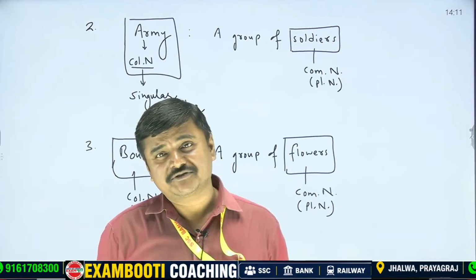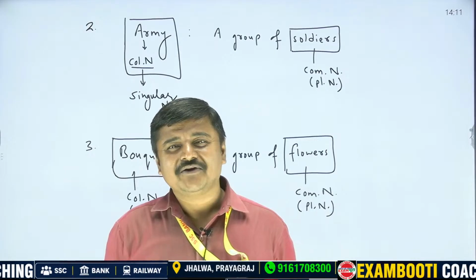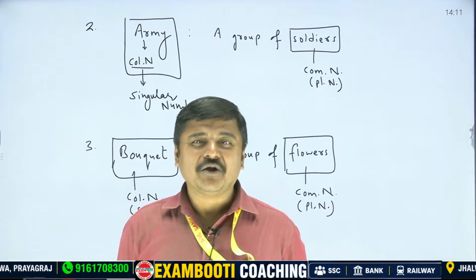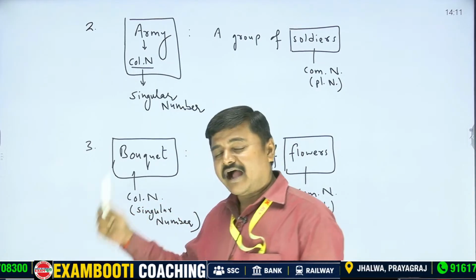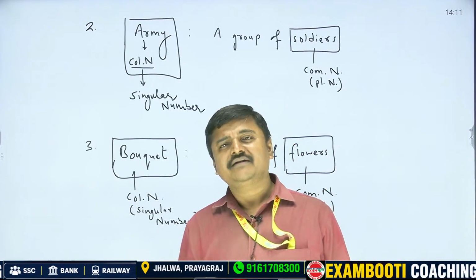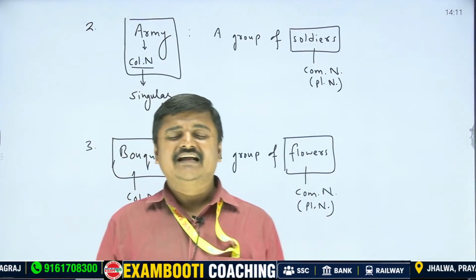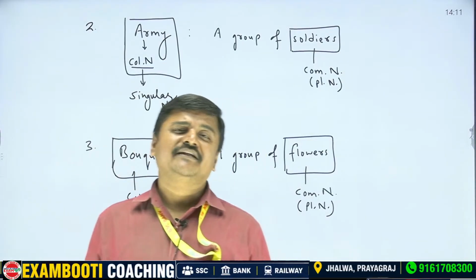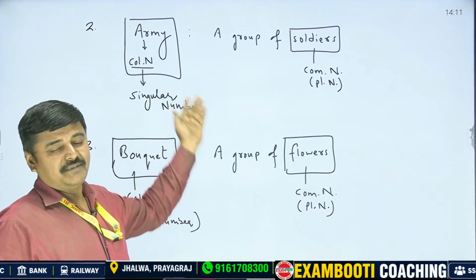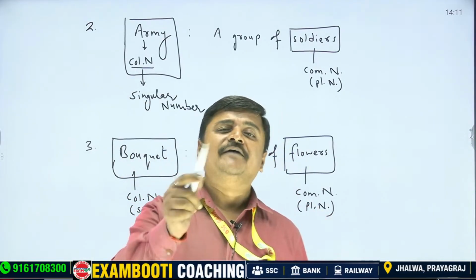But my dear students, collective nouns are not as easy to identify as you think, because you can identify class as a collective noun. You are able to identify bouquet as a collective noun, and similarly you are able to identify army as a collective noun, just because you know them beforehand.